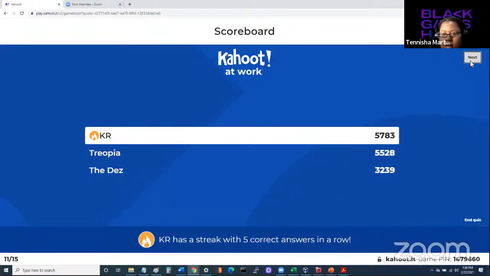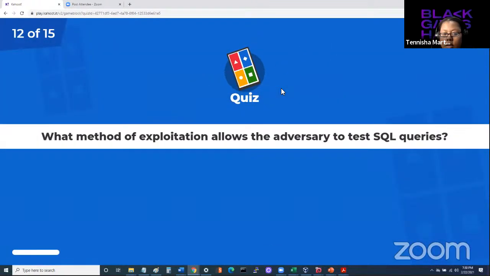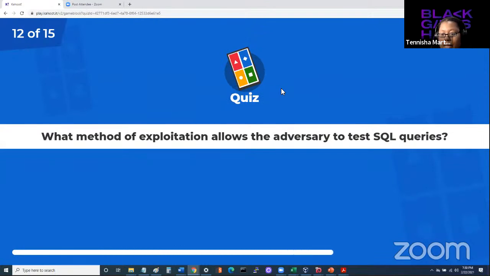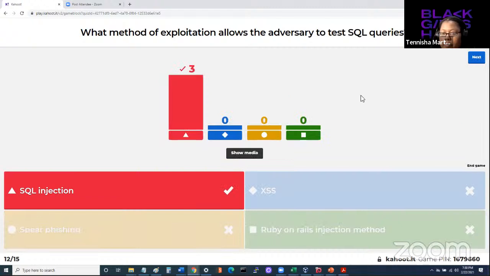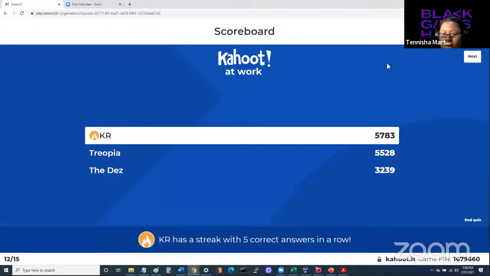All right, next up, number 12. What method of exploitation allows the adversary to test SQL queries? Yep, SQL injection.